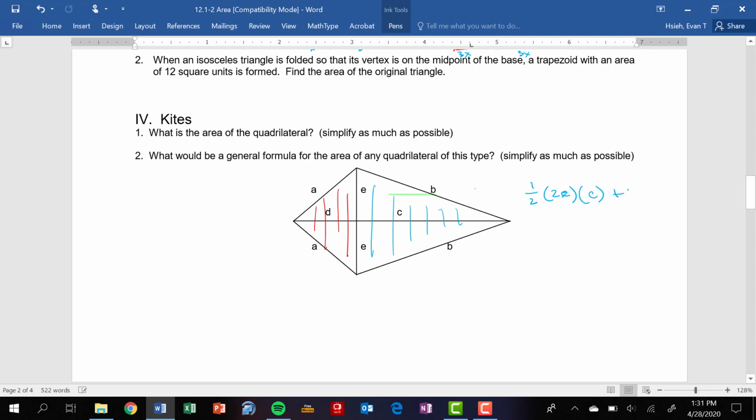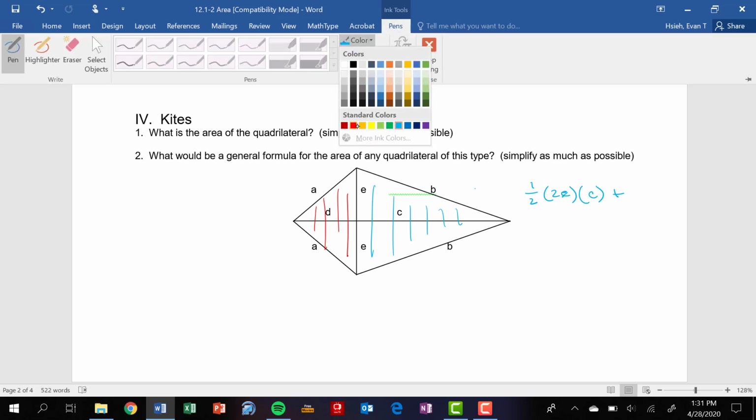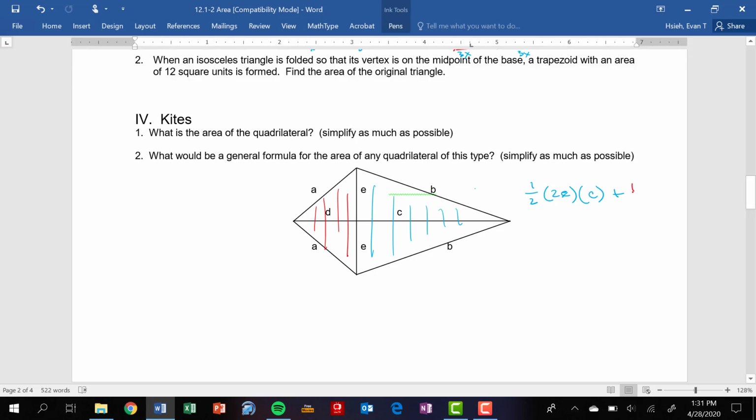I'm going to add that to the red portion, which is 1/2 of, again, 2e, which is the base, times the height, which is d.